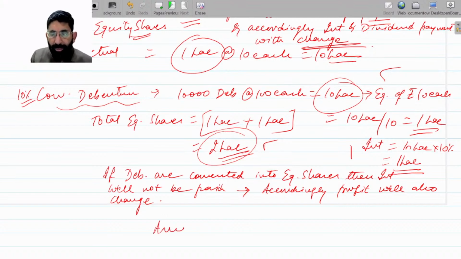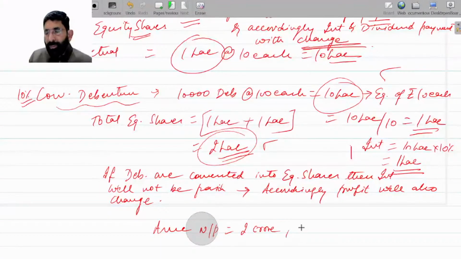Assume net profit is equal to 2 crores, tax is equal to 20%, preference dividend is equal to 5 lakhs.